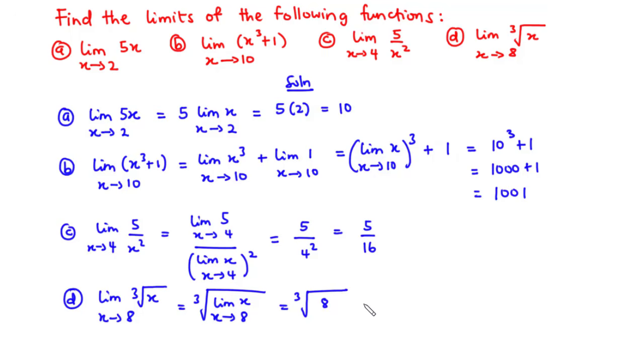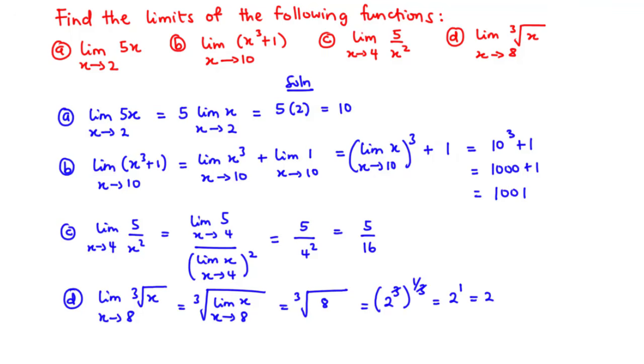Now 8 can be expressed as 2 exponent 3, and the cube root can also be expressed as everything here exponent 1 over 3. So we have 3 cancelling out 3, and then we are left with 2 exponent 1, which is equal to 2. Therefore, the limit of the cube root of x as x approaches 8 is equal to 2.